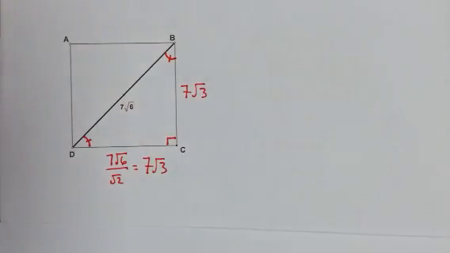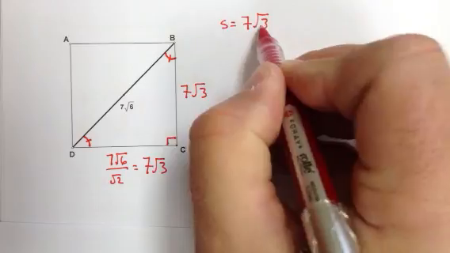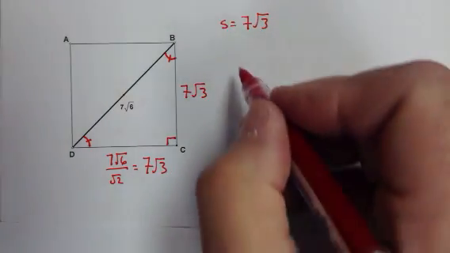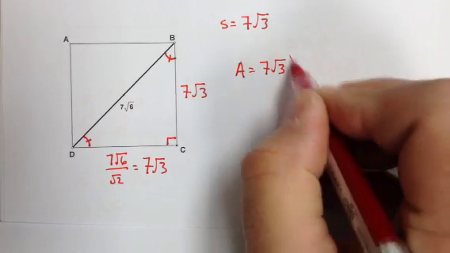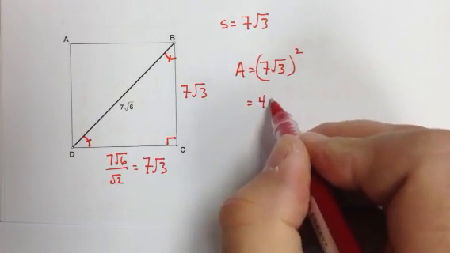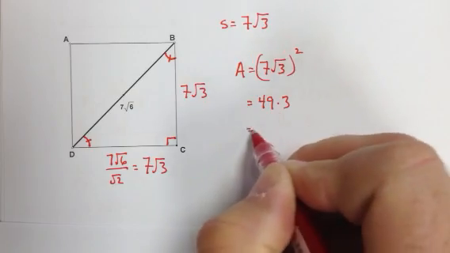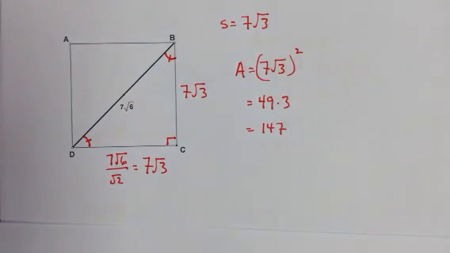So for this particular example, S is equal to 7 radical 3. So the area is 7 radical 3 squared. So we have 49 times 3. 49 times 3 is 147.